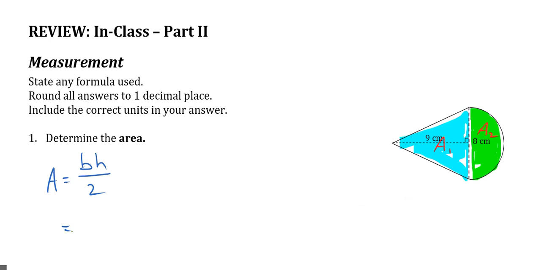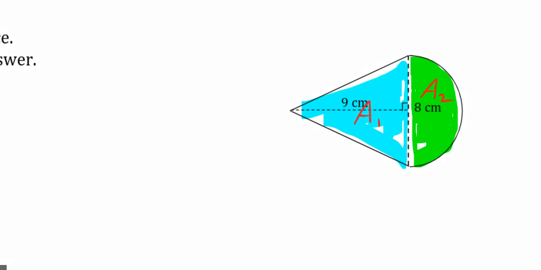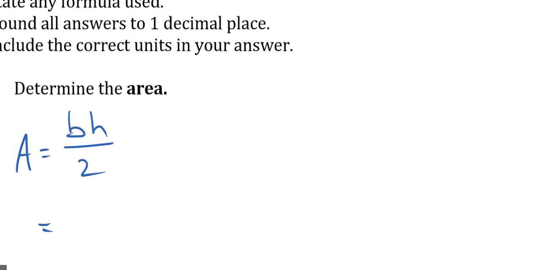When I look at this shape, I've got one side here and one length here, and they are at a right angle to each other. So one of them is my base and one of them is my height. It really doesn't matter which you call which. One of them is 8 and one of them is 9.